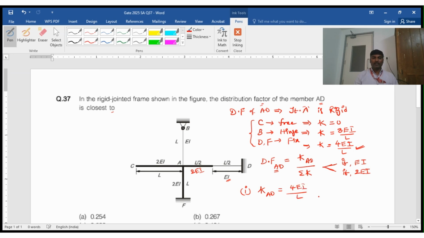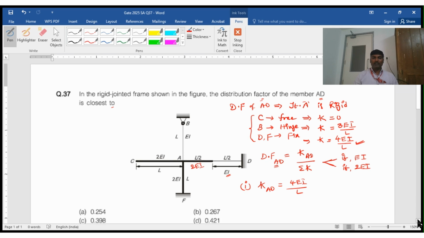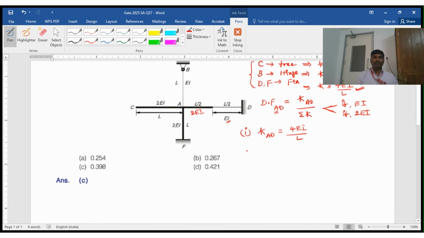Next, calculating sigma K value. That is stiffness of AC 0, plus stiffness of AB 3 EI by L, plus stiffness of AD 4 EI by L, plus stiffness of AF, which is 8 EI by L since the flexural rigidity is double the value.